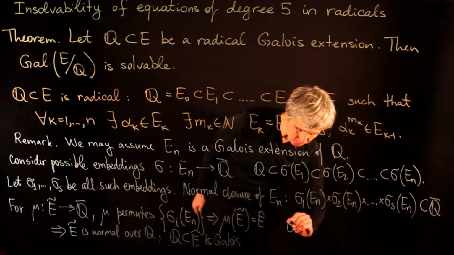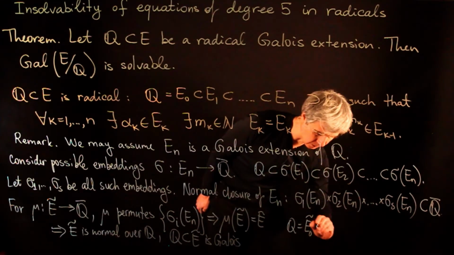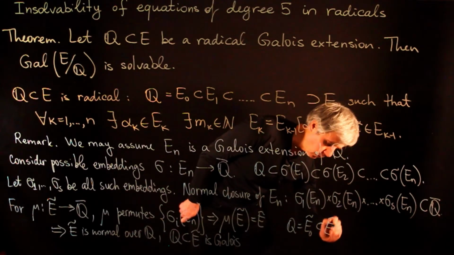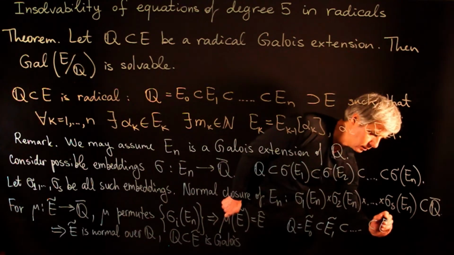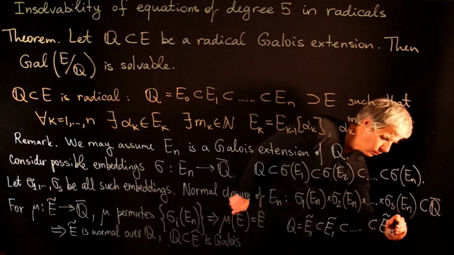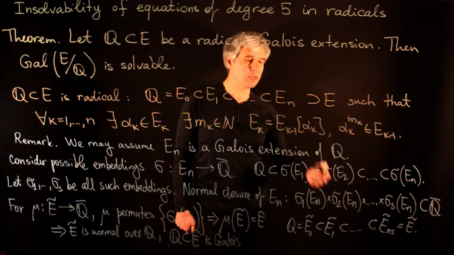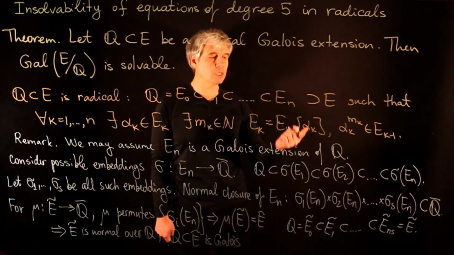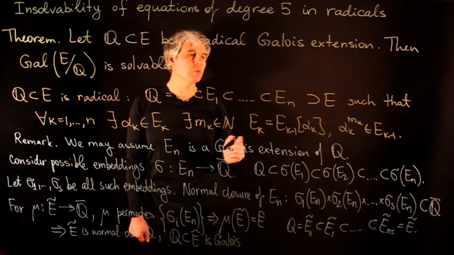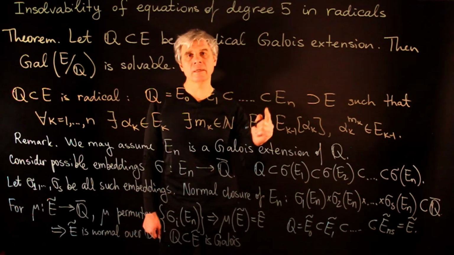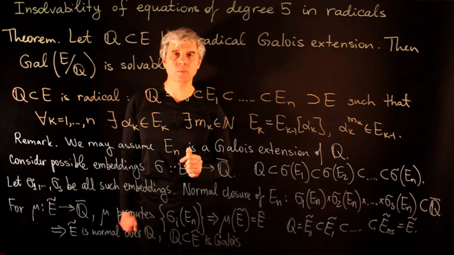So we will have that Q, which is E tilde 0, sits inside E tilde 1, and so on, sits inside E tilde n times S, which is our field E tilde. And all these extensions are radical in the sense that at each step we join one mth root. Then in this chain we can replace En with E tilde, and then we can just assume that En is already a Galois extension of Q.